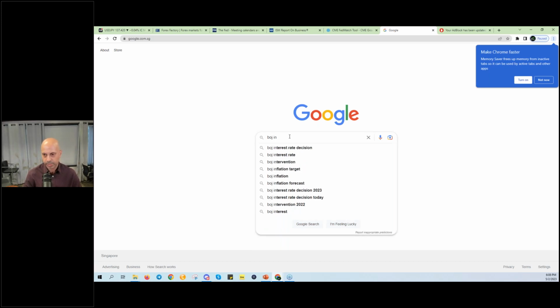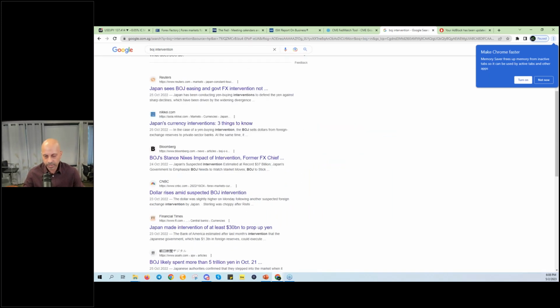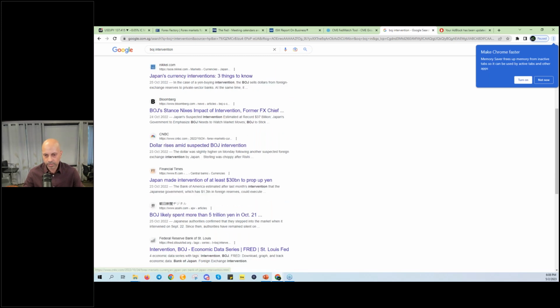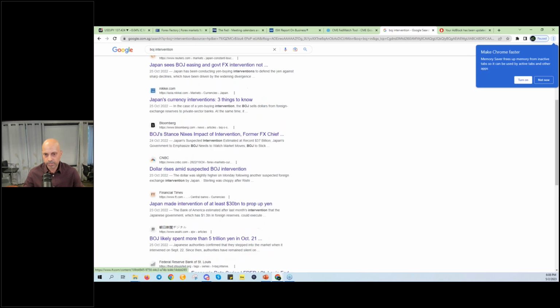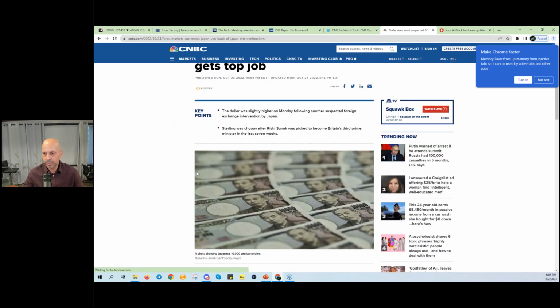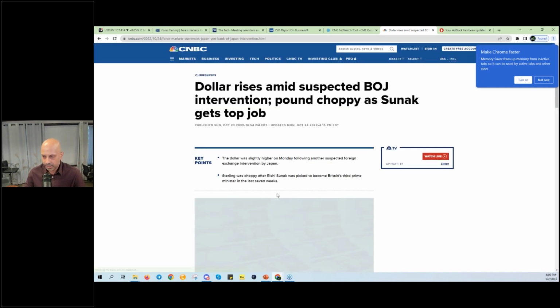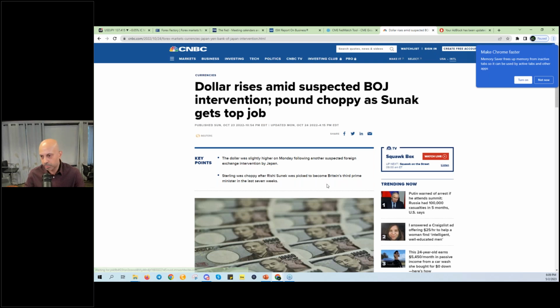So if you just type BOJ intervention, this occurred around October, right? It happened towards the end of October. Various news outlets would have picked this up, and you don't need a special subscription or paid service to get access to such data, right?